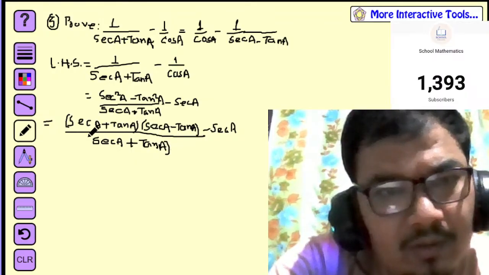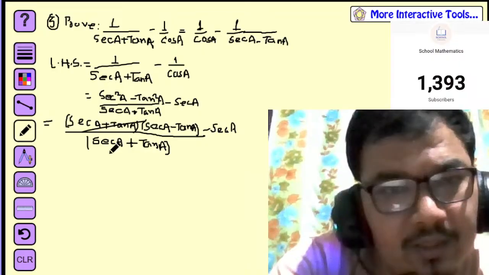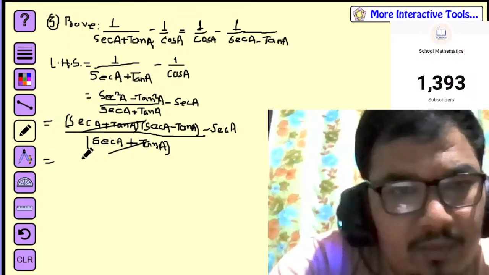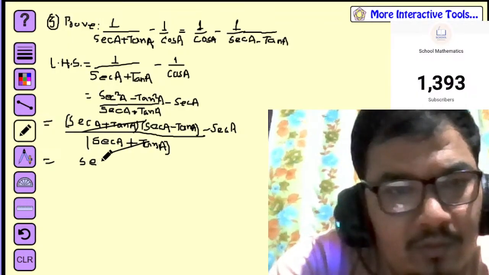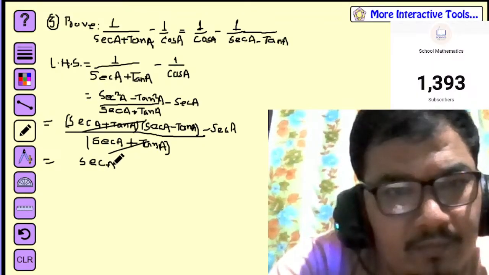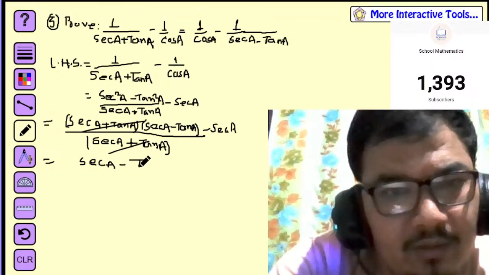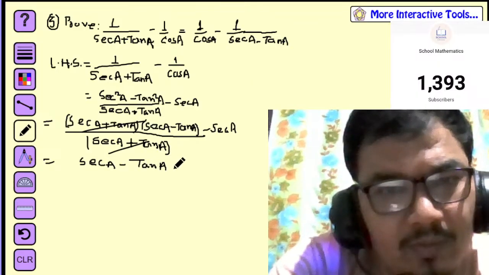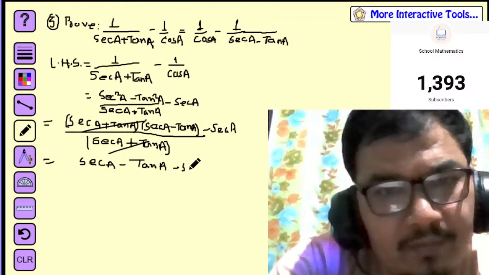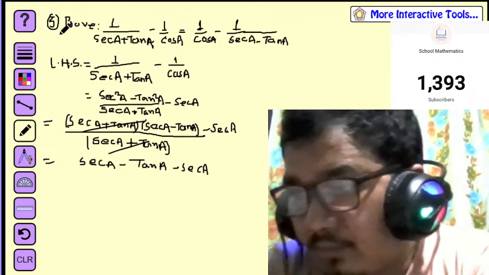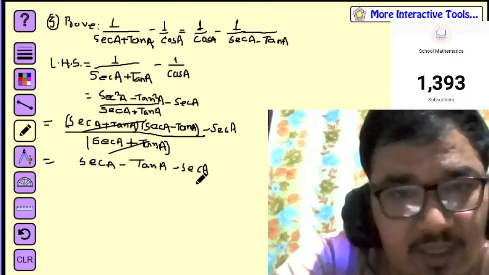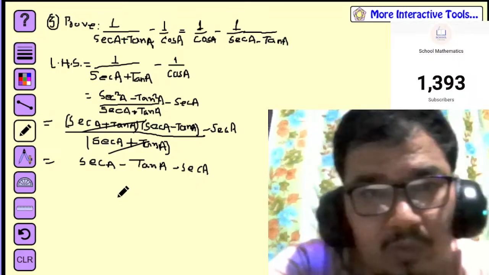And here this and this are cancelled, and now what is remaining? There is remaining sec a minus tan a, and another term is also there, sec a. Here don't cancel this sec and this minus sec, right?